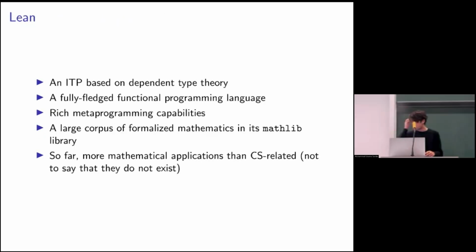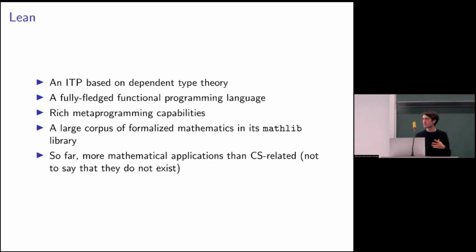Okay, so we will focus on Lean. As I said, it is an example of a proof system. It is, as of now, also a fully fledged functional programming language. So in that sense, we can think of it as competing with both something like Coq and with something like Haskell.